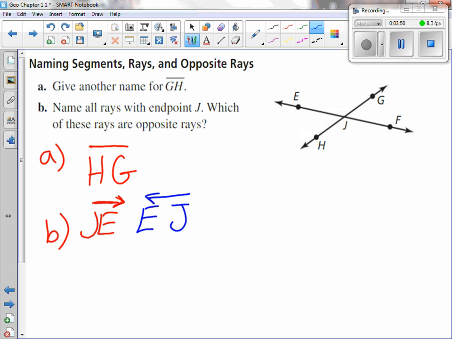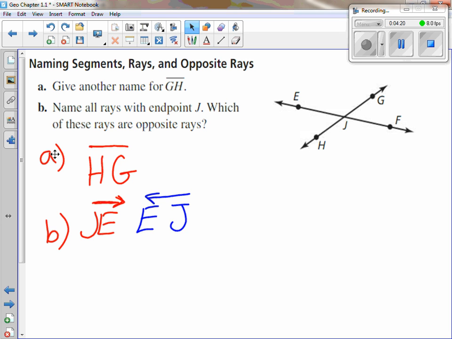It's almost the equivalent of if we're ever going to go shake hands, but because of COVID we can't do it. Because what do we normally do? If I put my right hand out, you put your right hand out. If you came up to shake my hand, you put your right hand out, I shook with my left. That'd be awkward, wouldn't it? That's the same thing. I mean, you're still shaking hands. That process isn't changed. It's just awkward. That's what this is. Because it's still telling us it's going from J through E and going on.